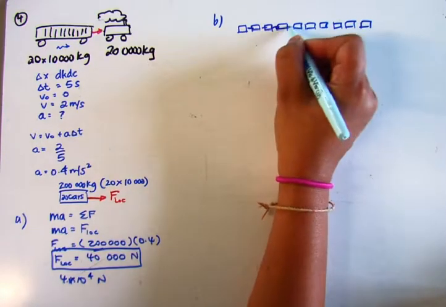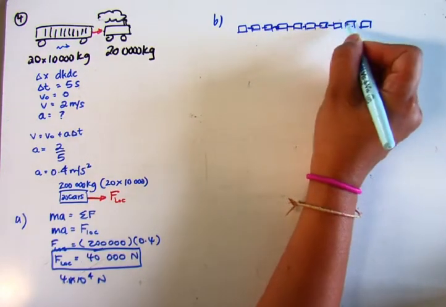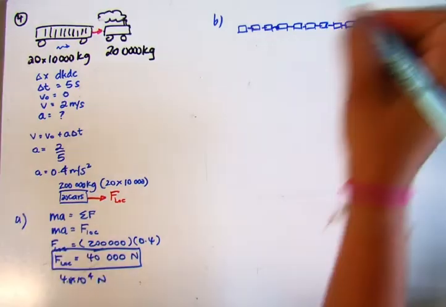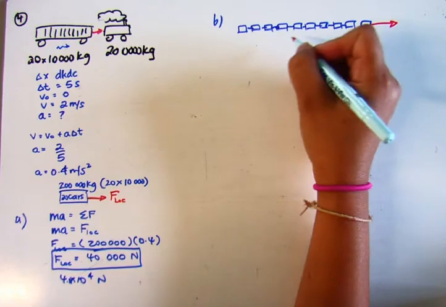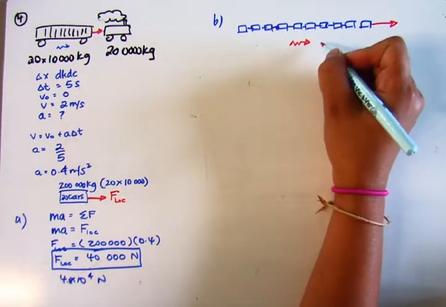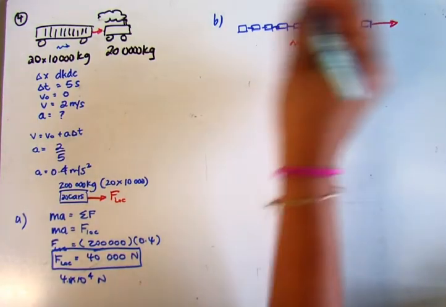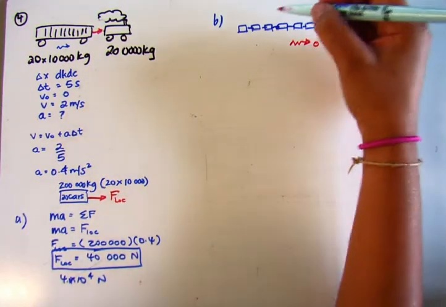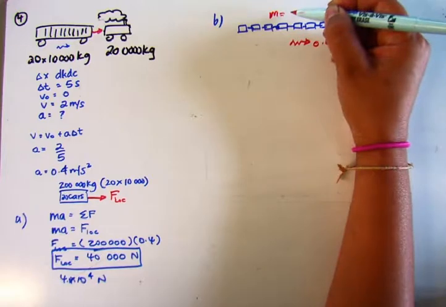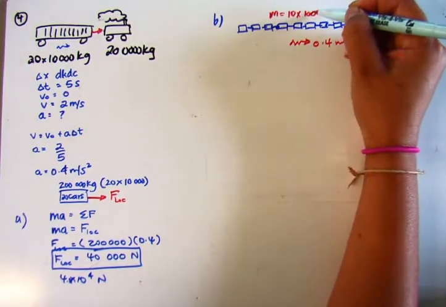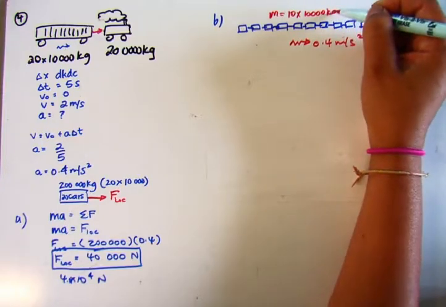They're all linked by whatever coupling happens. But what we're interested in is what is the force on that. Okay, so we've got 10 cars. We still know they're accelerating at a rate of 0.4 meters per second squared. If we treat them all as one unit, then we know the mass of this whole thing is equal to 10 times, each one is 10,000, that's 100,000 kilograms.